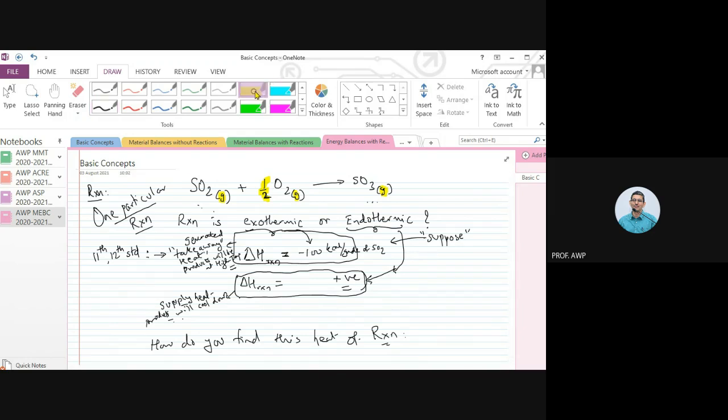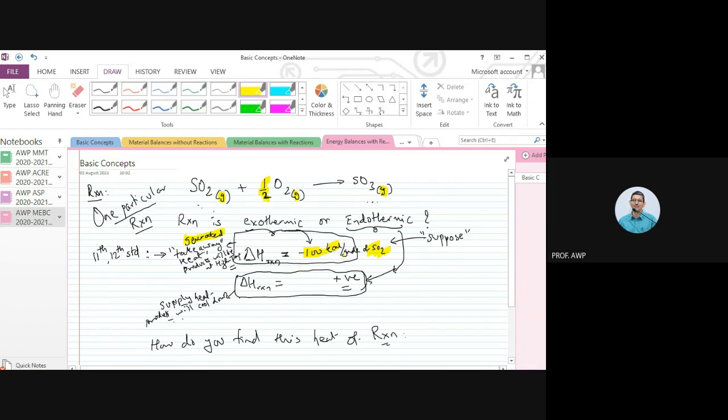That means when 1 gram mole of SO2 reacts, 100 kilocalories of heat is liberated, and I will need to take away 100 kilocalories of heat to maintain constant temperature. If I take out 90 kilocalories only, then temperature will rise. If I take out 110 kilocalories, temperature will fall.